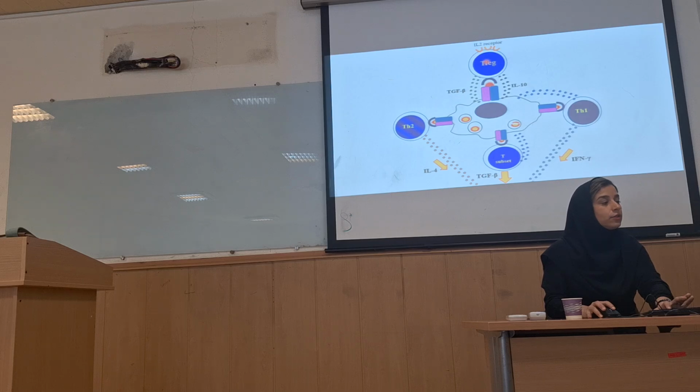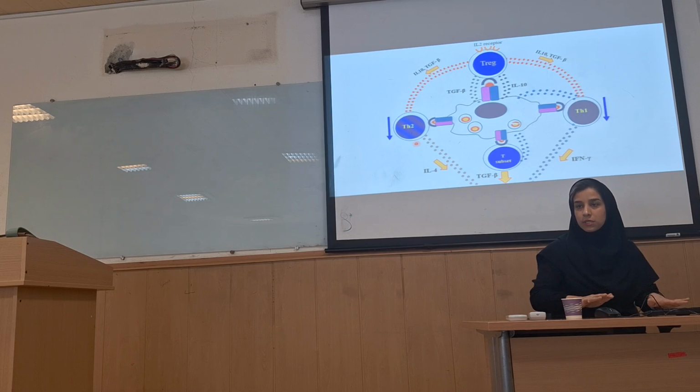And these T regulatory cells usually produce more interleukin 10 and TGF beta and suppress the effect of T helper 1 and T helper 2 and suppress the immune system.